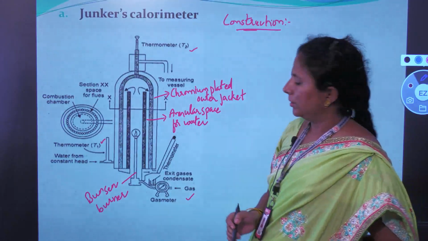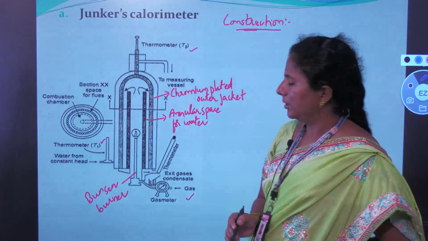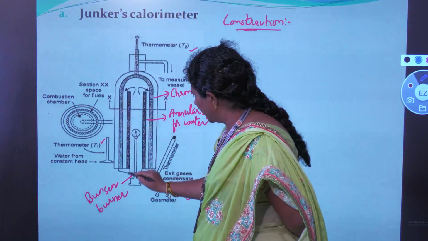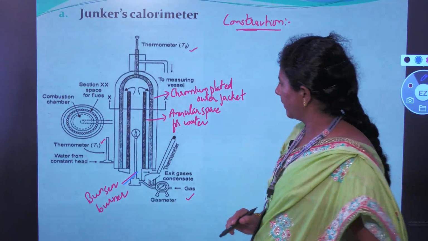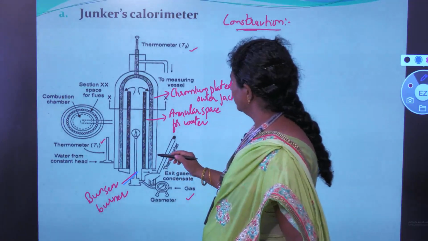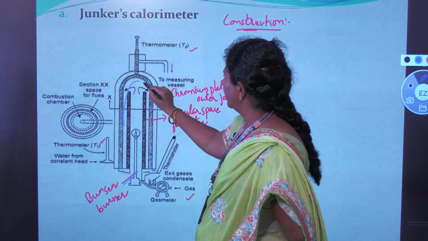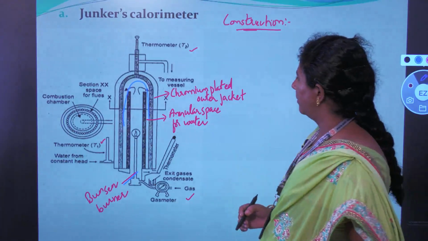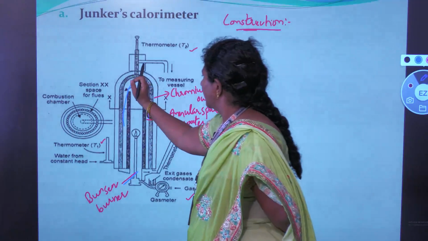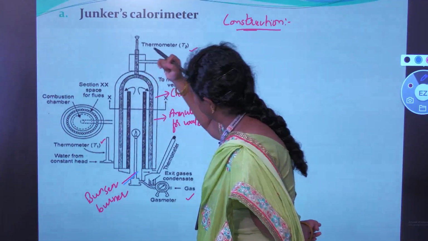Here, the burning of gaseous fuels is regulated with the help of the Bunsen burner, which is clamped at the bottom. And this combustion chamber is surrounded by annular space for water, and not only for that, for interchange of coils.